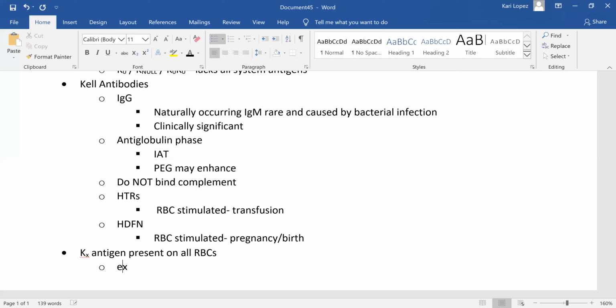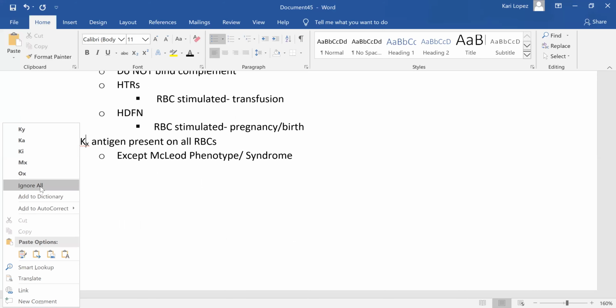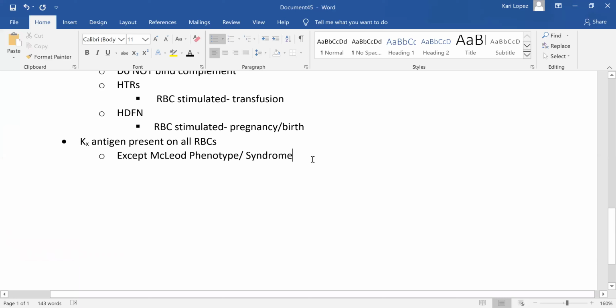Except people with a McLeod phenotype, which leads to McLeod syndrome. And that usually ends up as a test question also, that McLeod phenotype.